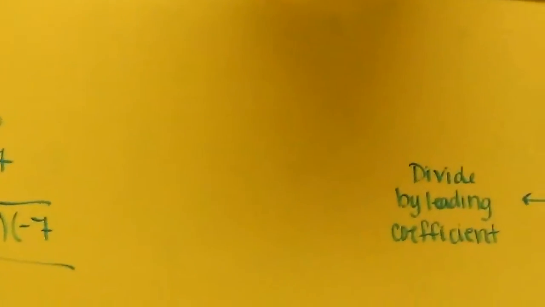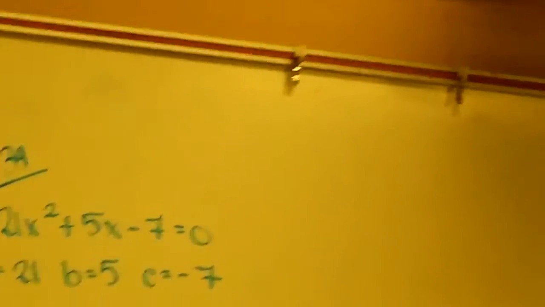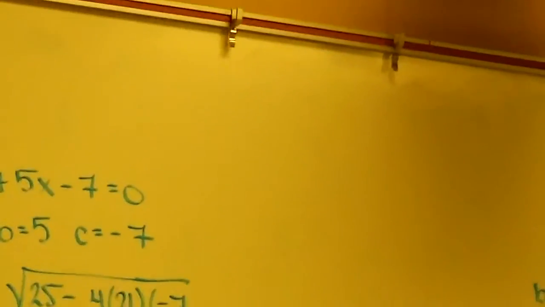Work what's under the radical. Go ahead and plug it all in: 25 minus 4 times 21 times negative 7. You should get 24.7 or 24.8.